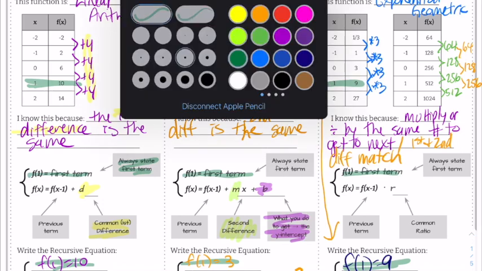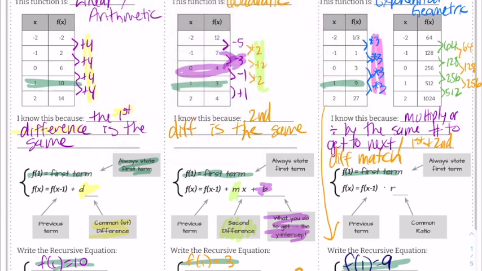So then we've got that this times by 3 matches the r, which is the common ratio, which goes right here. Okay? So that's how you can find that. If you did this way, I would go back and find the common ratio after I've realized that it's exponential or geometric, and then use this same method to get there.